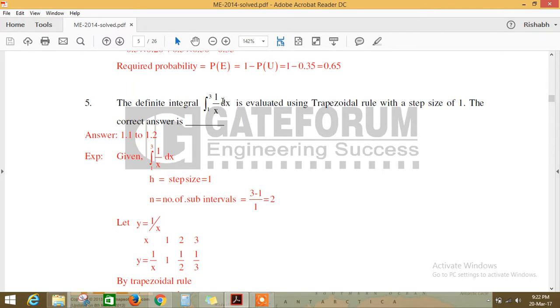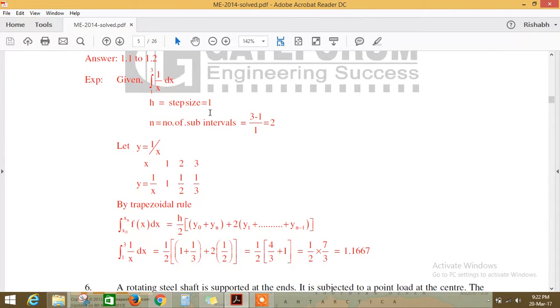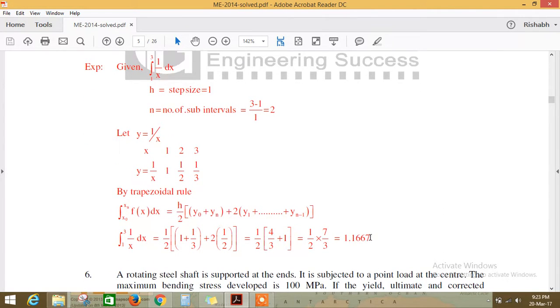One more way to check whether your answer is correct or not: you can directly see that the integration of 1 by x dx is ln x, log of x. Okay, and if you substitute the limits, you will get log 3 minus log 1. Log 1 is directly 0, so you will get log 3. So by substituting the value in the calculator, you can easily check whether your value is approximately equal to log 3, since numerical methods do not give the exact result.